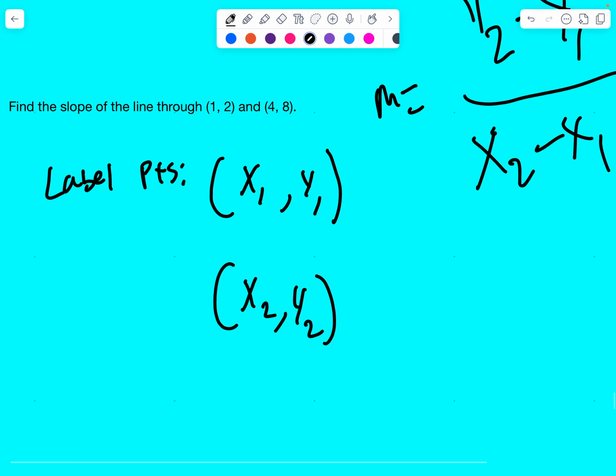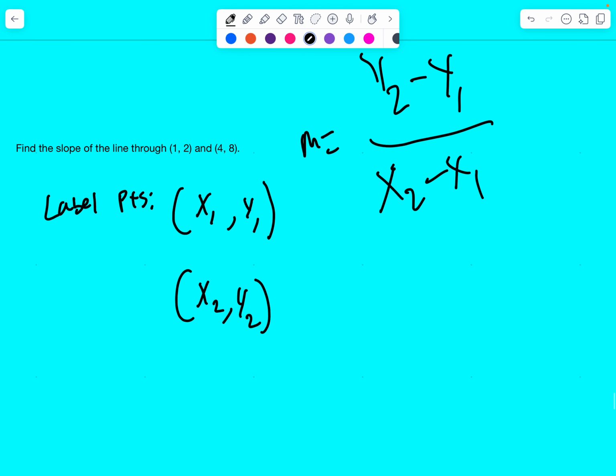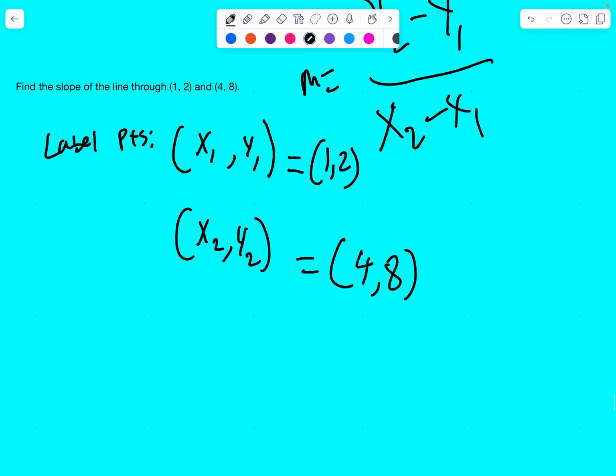All right, so we have (1, 2) for the first one, and we have (4, 8) for the other one.